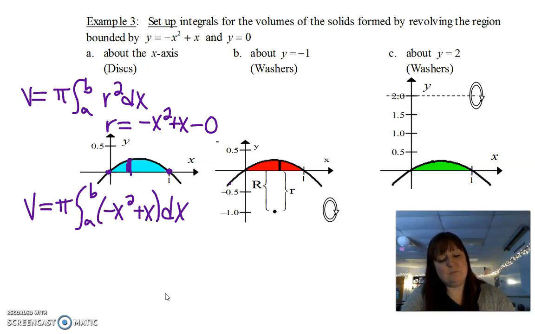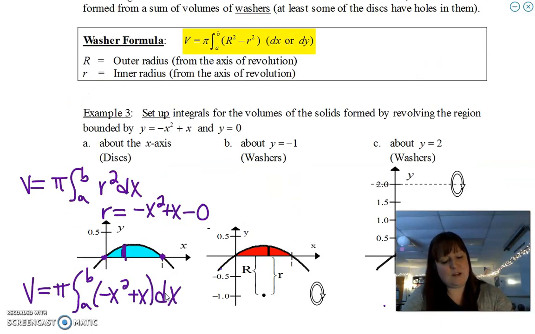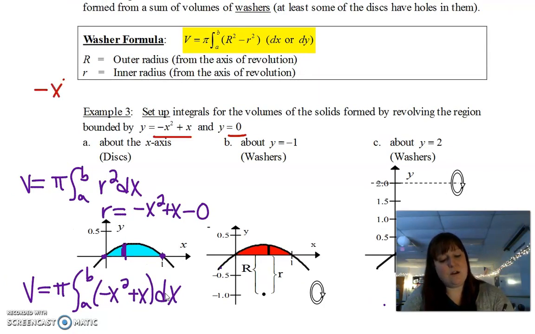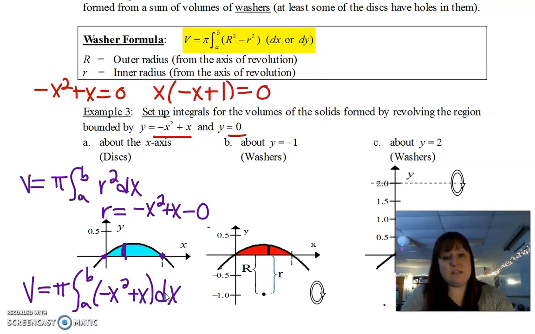We want to find where these intersect. So we take the first function and set it equal to the second function. So we have negative x squared plus x equals 0. We factor out the x, and we get x times negative x plus 1 equals 0. And then we decide, when does this equal 0? Well, when x equals 0, that would be true, and also when x equals 1.